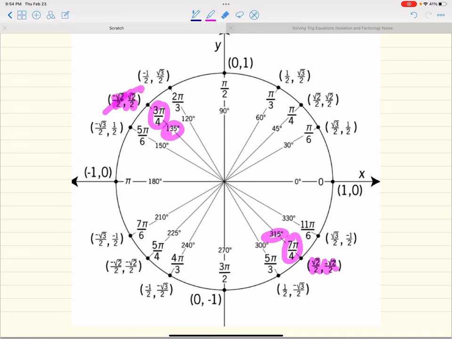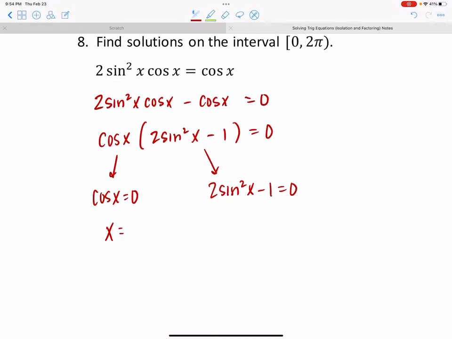Cosine is going to be equal to 0, we said, right here at pi over 2 and right here at 3 pi over 2. So 2 of our solutions, pi over 2, 3 pi over 2. So x is going to equal pi over 2, and x is going to equal 3 pi over 2.